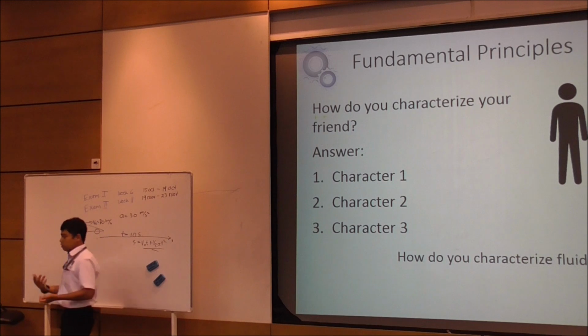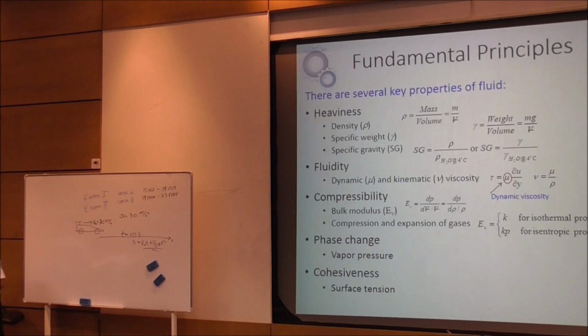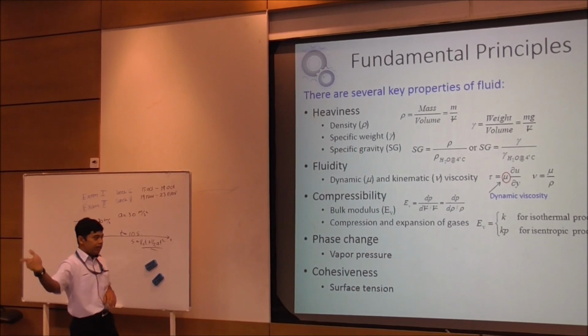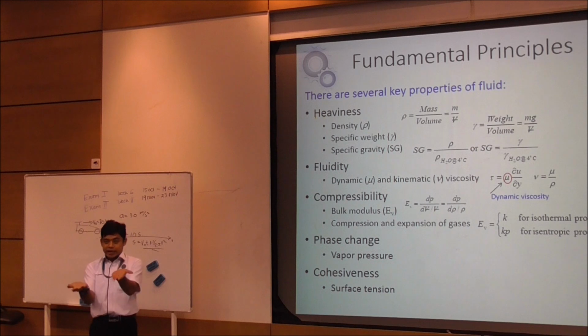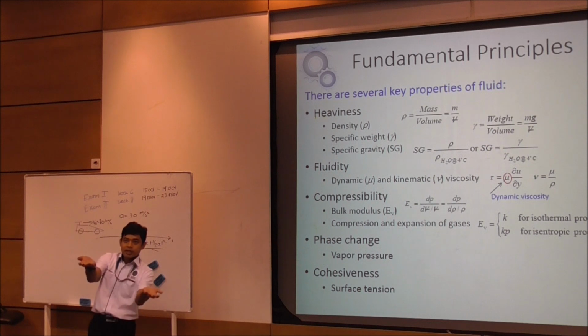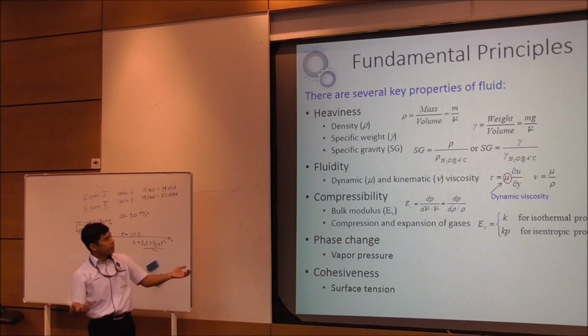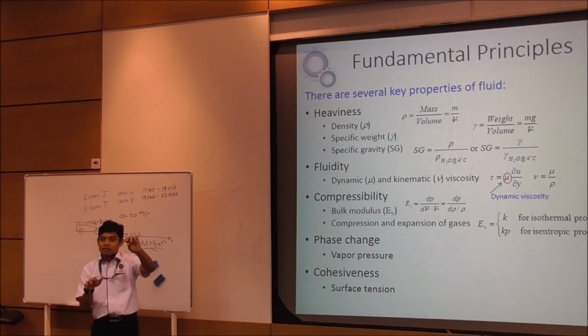You know that it is in your Fluid Mechanics 1. You characterize it based on the heaviness, fluidity, compressibility, phase change, and cohesiveness. Heaviness, you know that mercury and water is totally different, right? Have you compared? Mercury will be 3 times or 8 times heavier, right? And then when we are talking about oil, you have a cooking oil, you touch it, what do you feel?